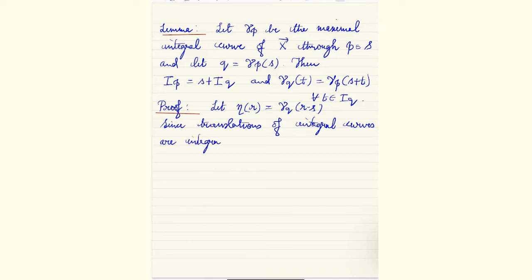Note here that S is a fixed one, just the time it takes to go from P to Q. So we fix a Q here. R varies while S is fixed. So if gamma Q is the maximal integral curve through Q, then the translate is also an integral curve. So eta is an integral curve of X.